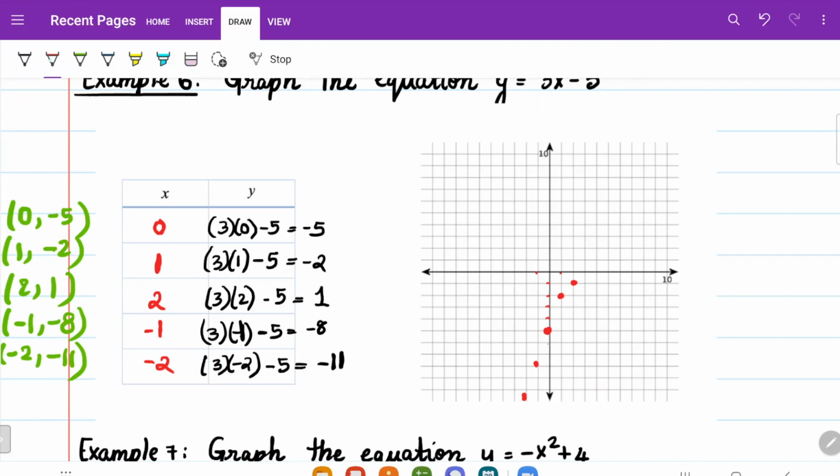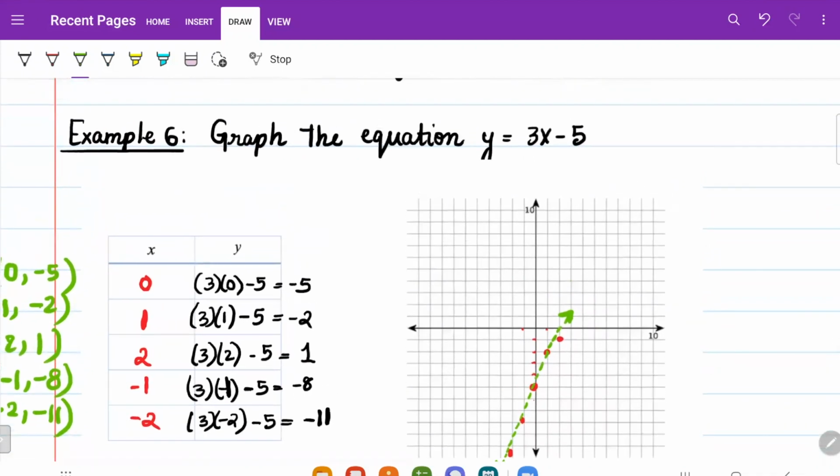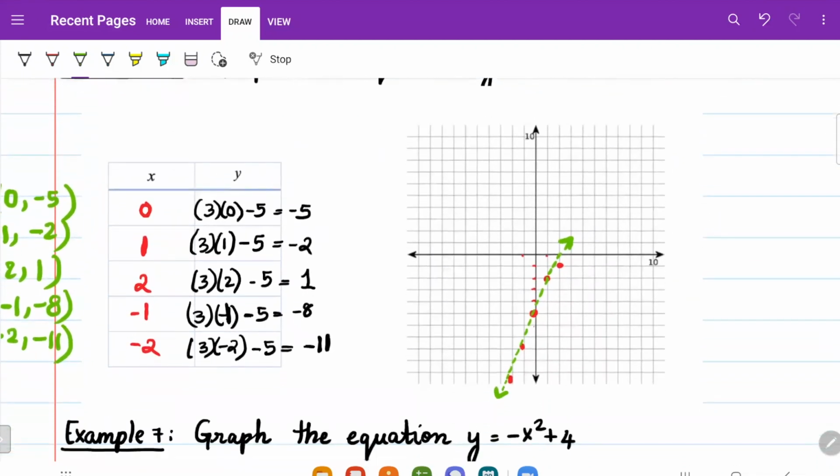So all you have to do now is join these points. And this is the line that we're looking for, which is 3x minus 5 equals y. This is the line y equals 3x minus 5.